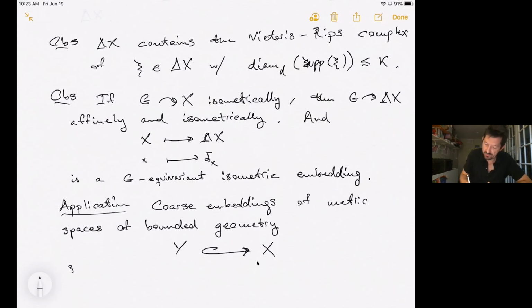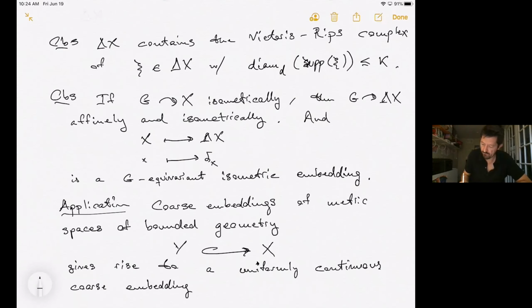So this gives rise to a uniformly continuous coarse embedding of Y into delta X. Okay, so the idea is that once you are able to take convex combinations, you can often lift a map which is not continuous in any way, but preserves the metric at a large scale, and replace it by a map that is now continuous, in fact uniformly continuous, and still has the same properties of preservation.